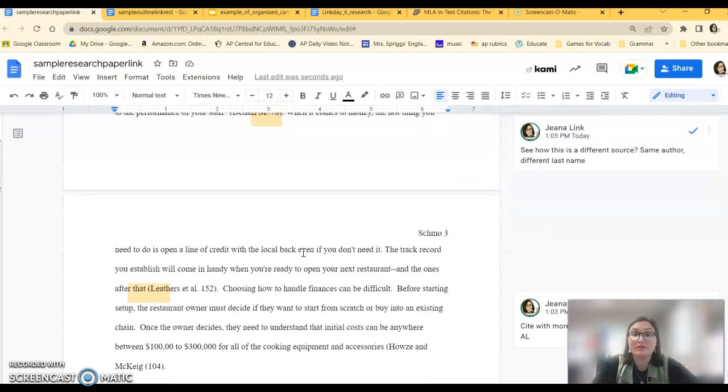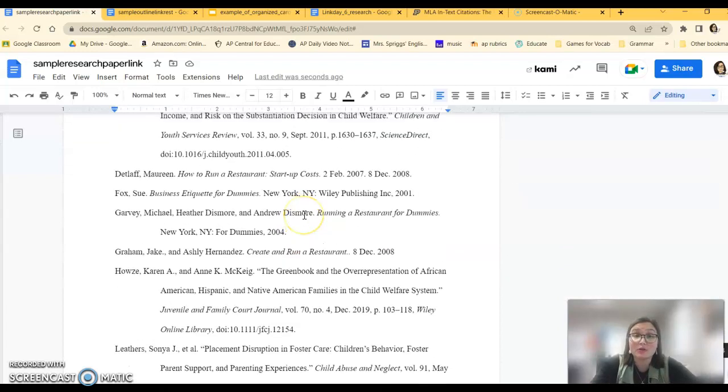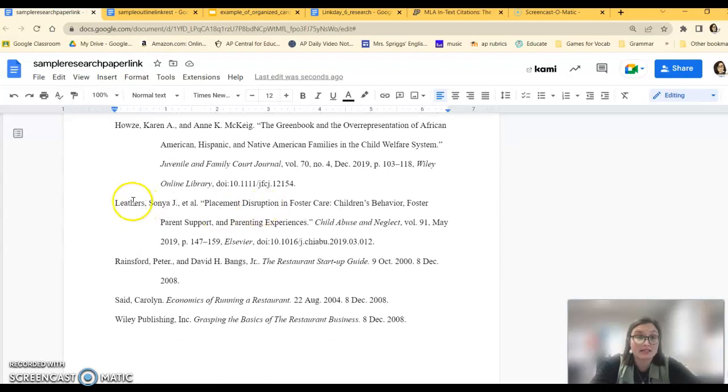what happens if I have a source with many different authors, written by 3 or more authors? My citation would have looked something like this. Leathers et al. Okay, and basically that shows me as the person reading your paper that your paper was written by more than 2 people.